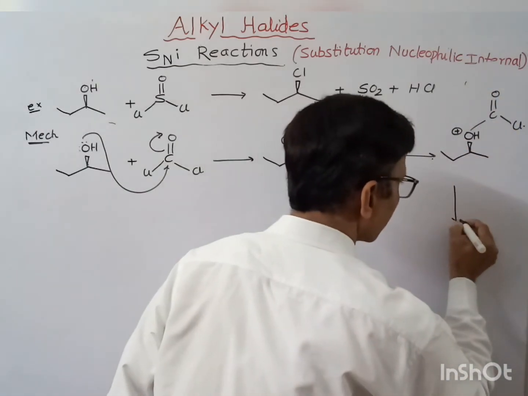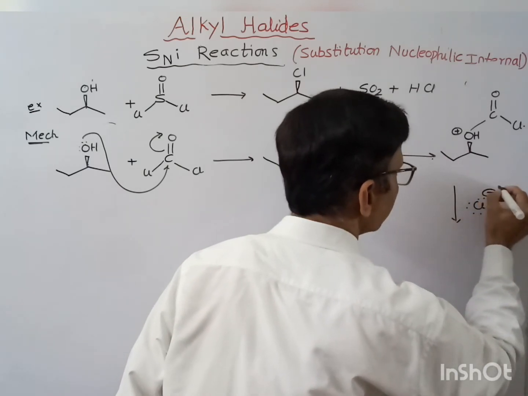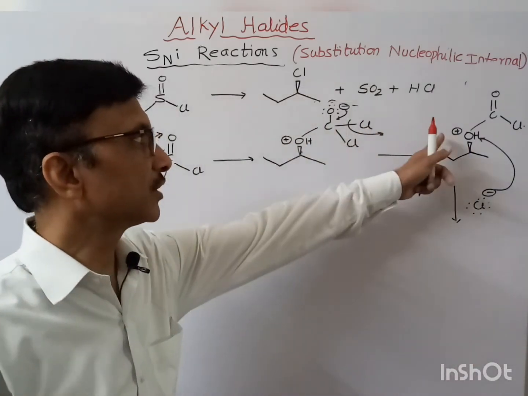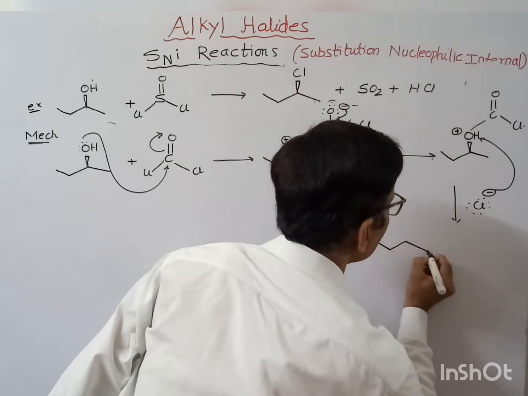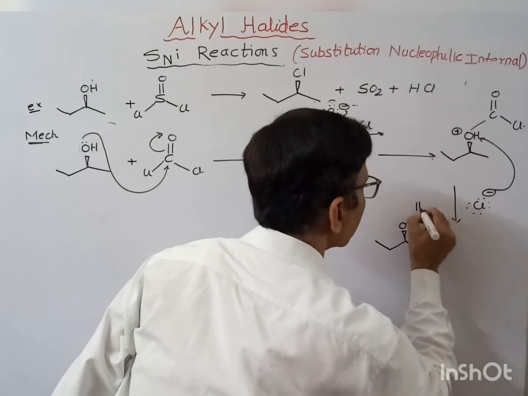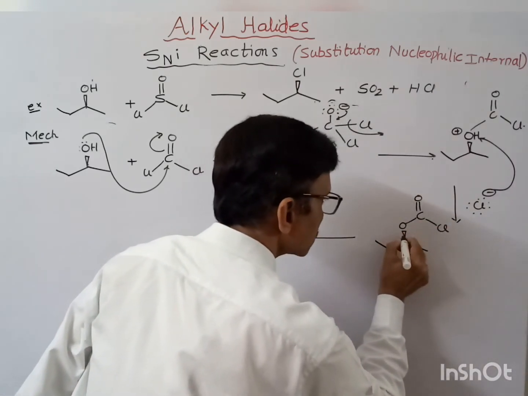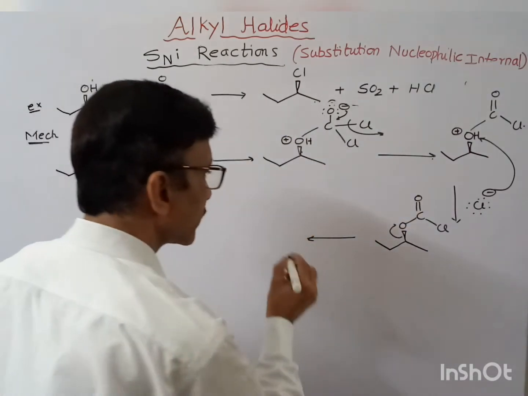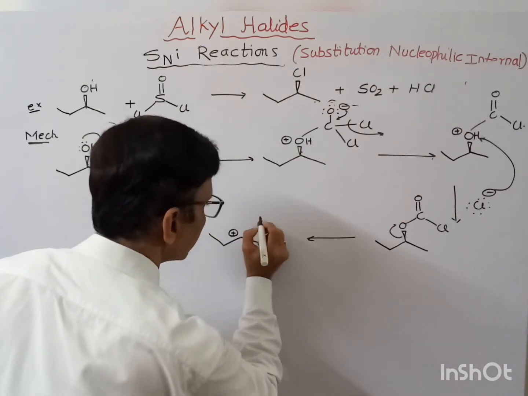And like the previous one, the chloride ion which is left out will act as a base, and it will take this H plus, and the positive charge over the oxygen would be neutralized. Now in the next step, this carbon oxygen bond will be broken, and we will have the ion pair which is formed.